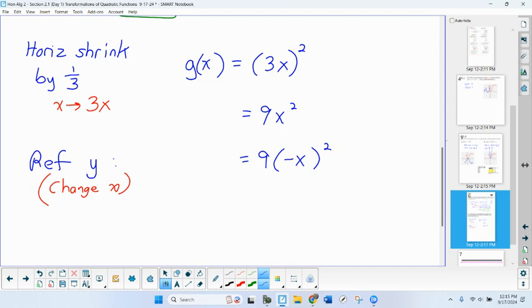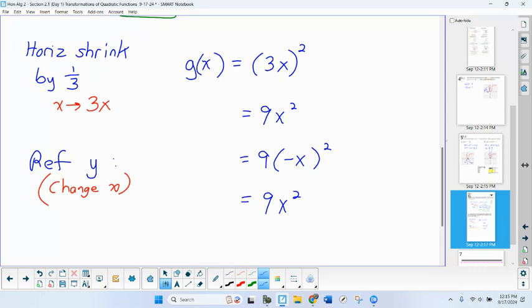What's negative x times negative x? X squared. So you just, when you clean it up, have 9x squared. Think about this. All I did was a horizontal shrink. And then when I reflected over the y-axis, is it the same thing? Yes.